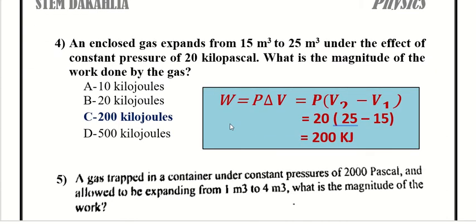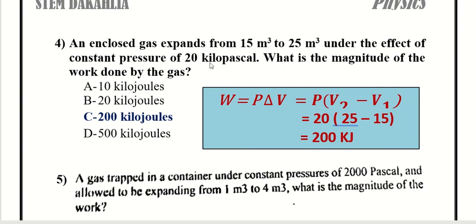Question number 4. An enclosed gas expanded from 50 meter cube to 25 meter cube under the effect of a constant pressure of 20 kilopascal. What is the magnitude of the work done by the gas? Okay, work done equals P delta V, where delta V is the volume change.